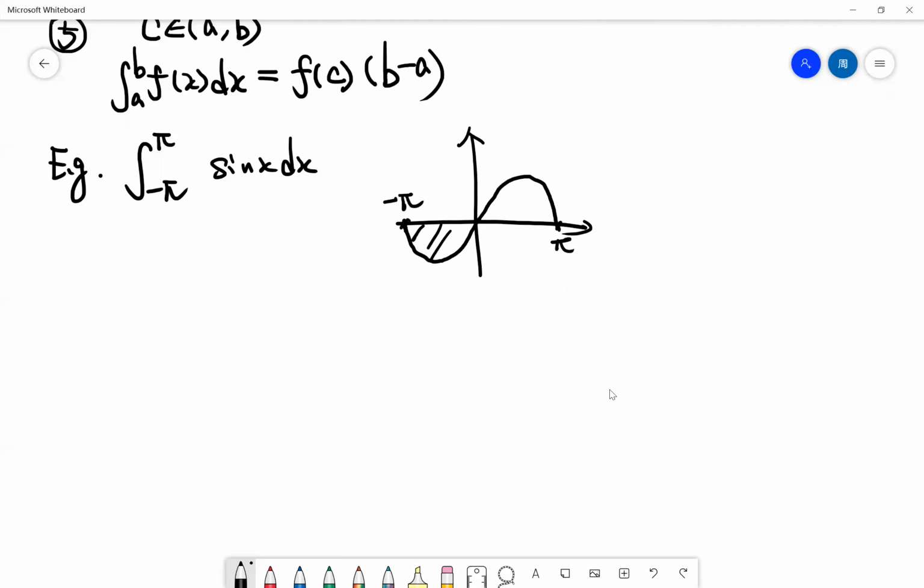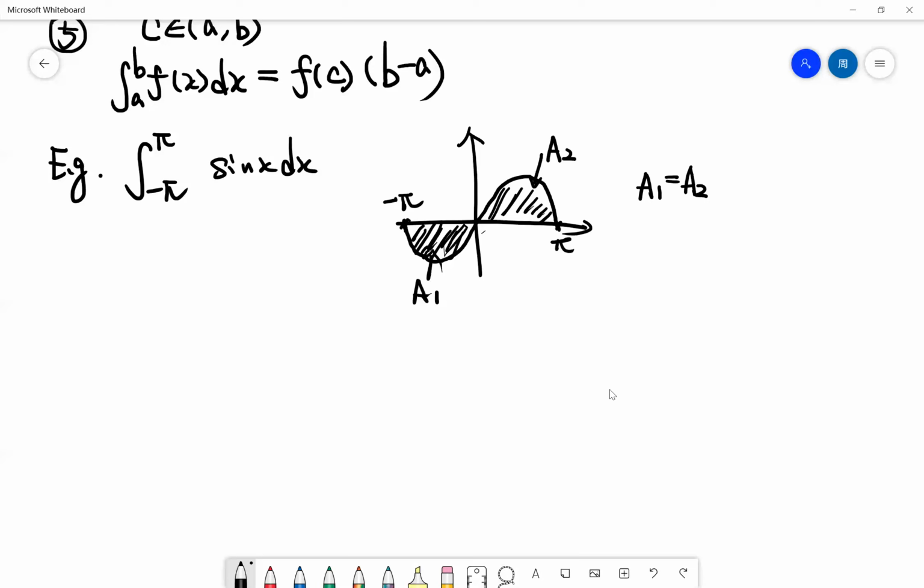That means the area of the shadow part, right? For example, here the area is A1, and here the area is A2. From the graph, you can see that A1 equals A2, right?